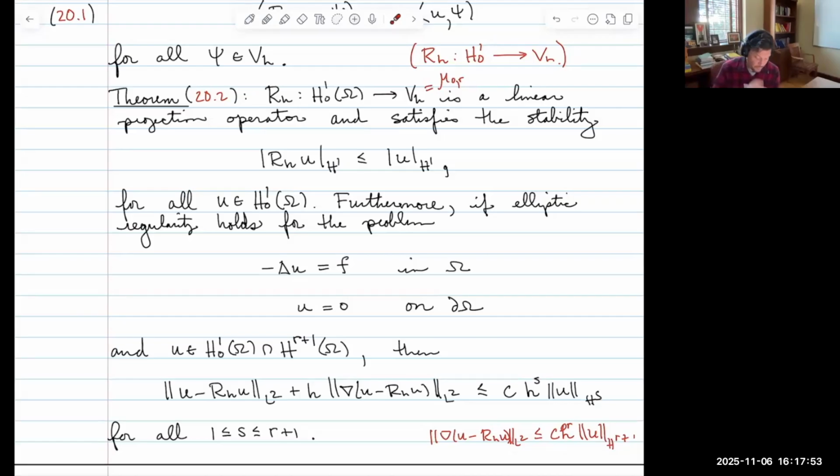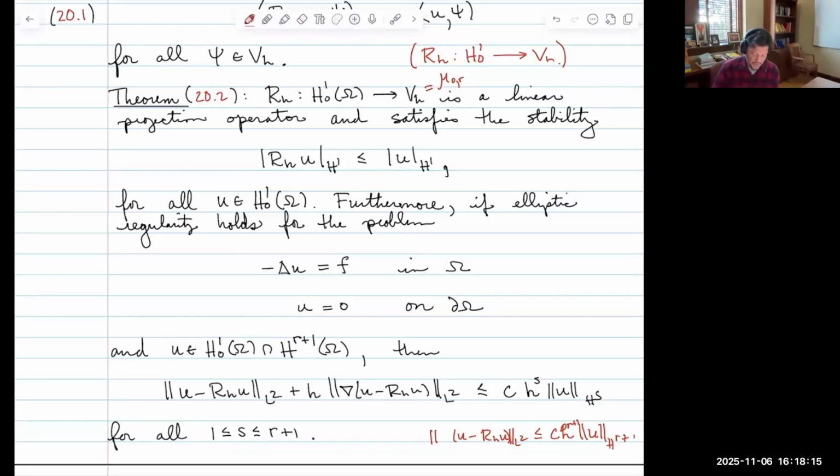But now what happened whenever we did that Nitsche's trick? Nitsche's trick said that you gain back a power when you go to the L2 norm, when you investigate the size of the error in the L2 norm. That means if we were to investigate the size of the error in the L2 norm, we would gain a power back. So this would be r plus 1 if we did that.